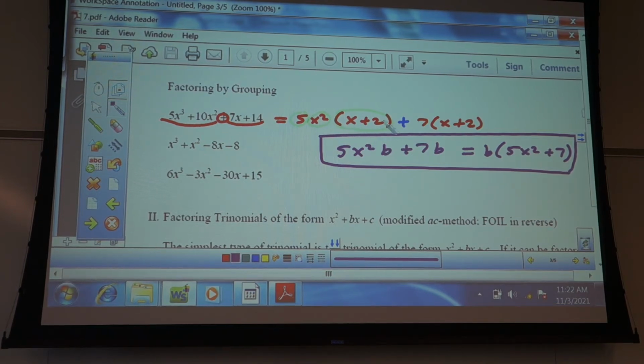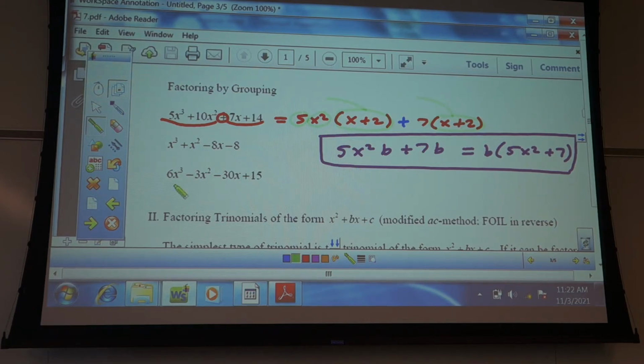So x plus 2 is sort of like b. If I pull that out, I can pull it out. So I have an x plus 2 here, and I have an x plus 2 there. I'm going to pull them out.